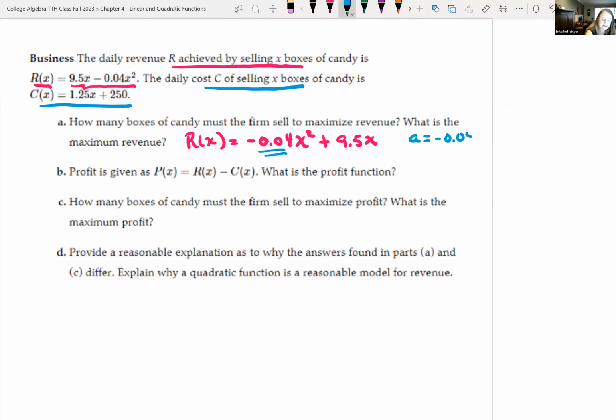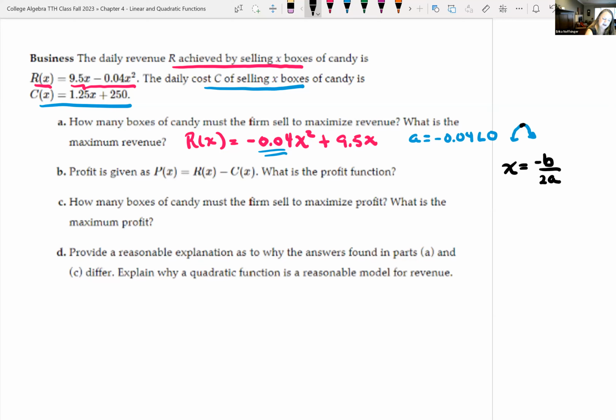And if it's negative, that tells me that my parabola is facing downwards. And my maximum is going to occur here at this vertex. So I could complete the square here, which I really don't want to do, or I can use the formula that x is equal to negative b all over 2 times a.